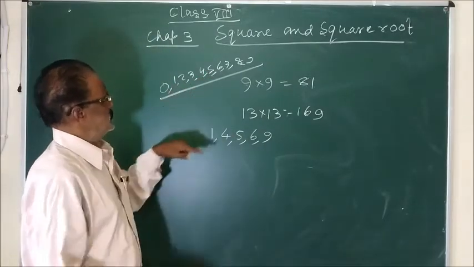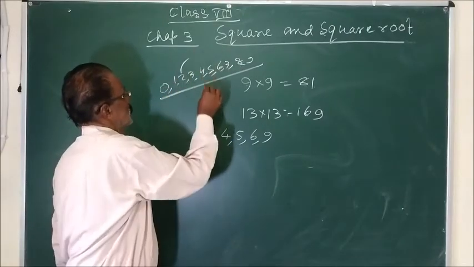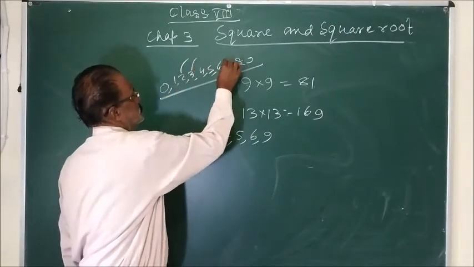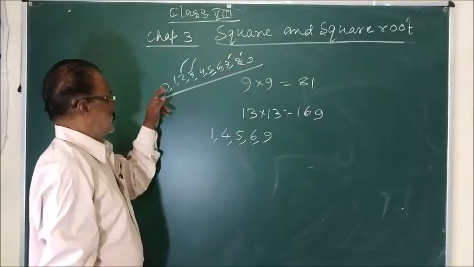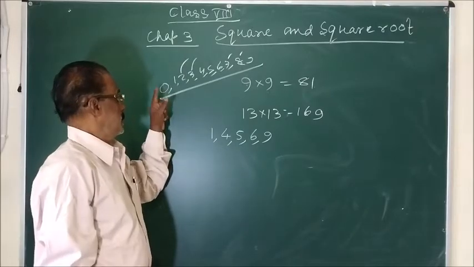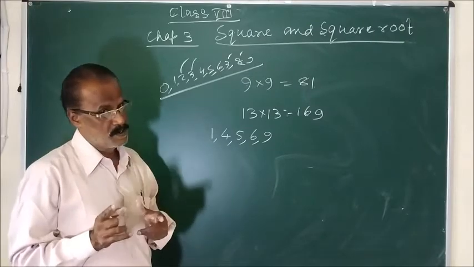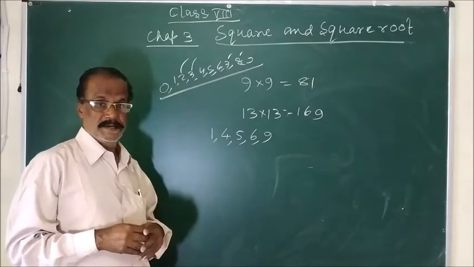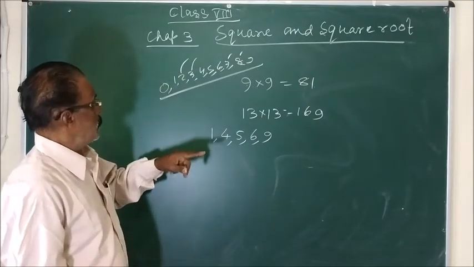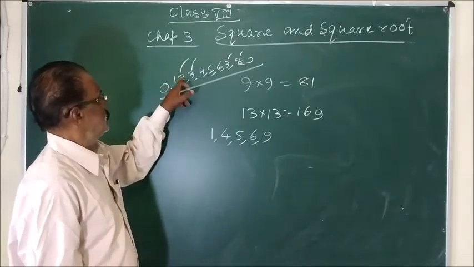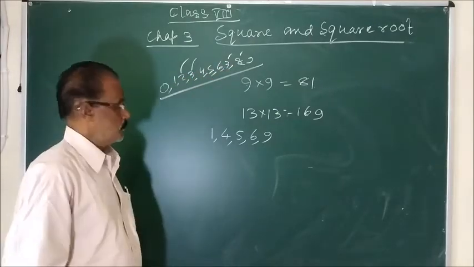Now I have just explained, if the number ends with the digit 2, 3, 7, 8 and 0, where 0 should be in an odd number, either 10 or 30 or 50, the digit before 0 being odd, or either 2 or 3 or 7 or 8, those numbers cannot be perfect squares.